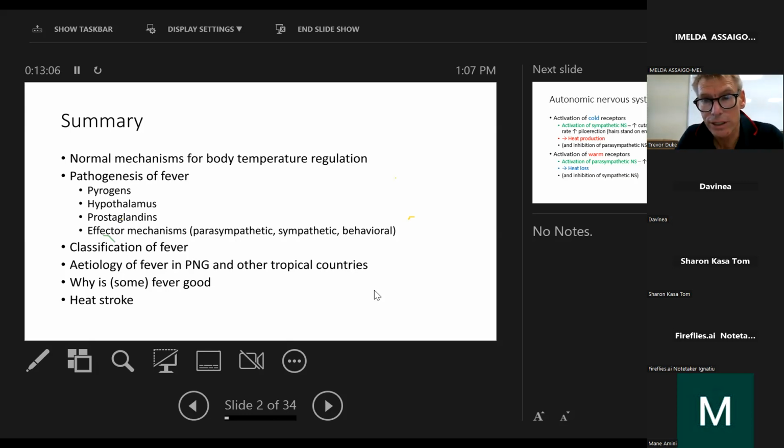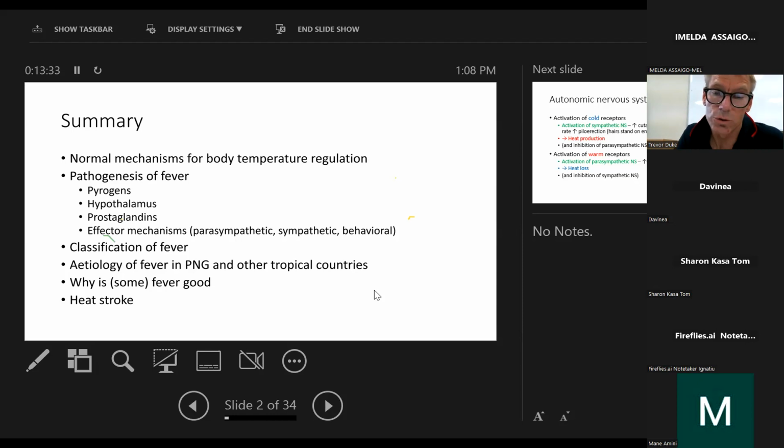We'll talk about the classification, like beyond biological basis, there's the practical clinical things. And WHO has a very good classification of fever, I think, that can help us. So we'll talk about that. We'll talk about the etiology of fever in Papua New Guinea and in other tropical countries, because there's some good data on the different causes of fever, and they might not be just what you think they are.